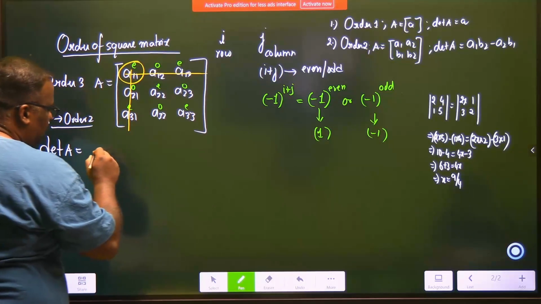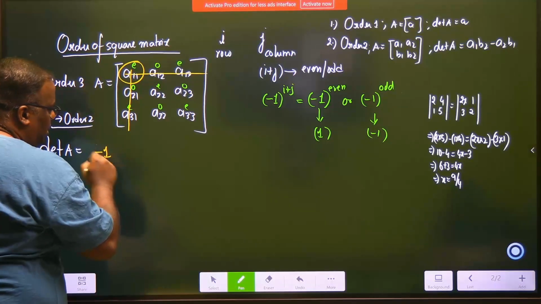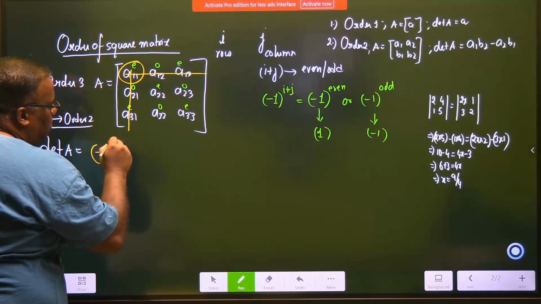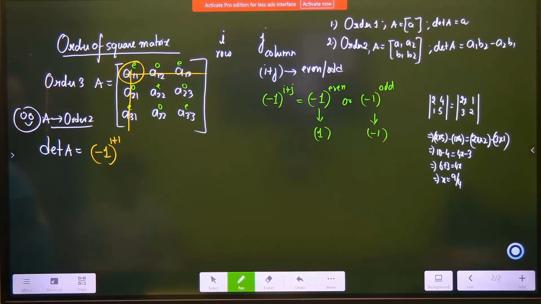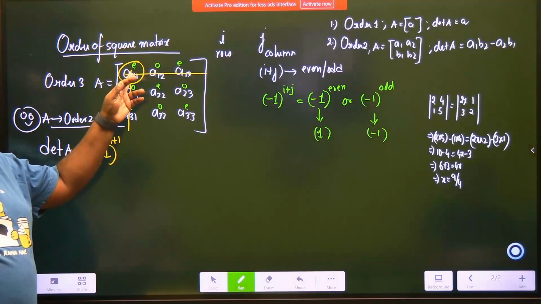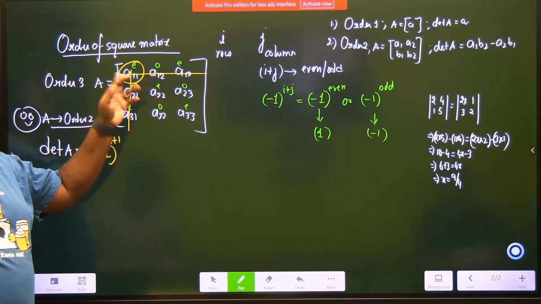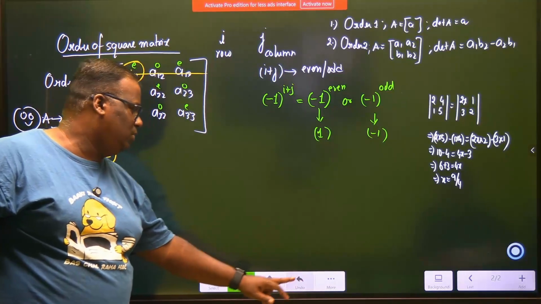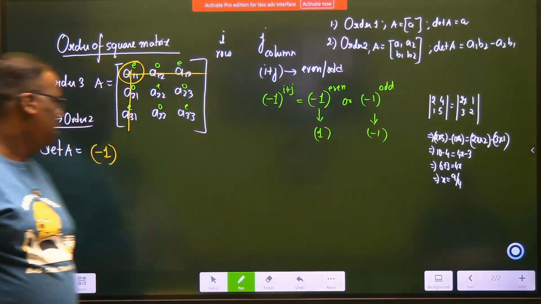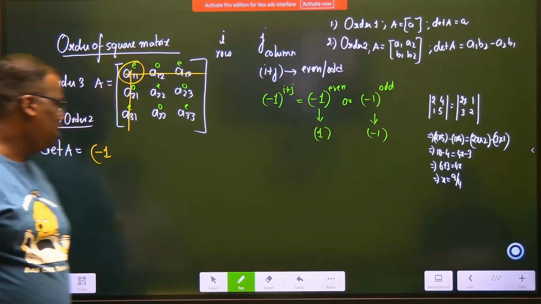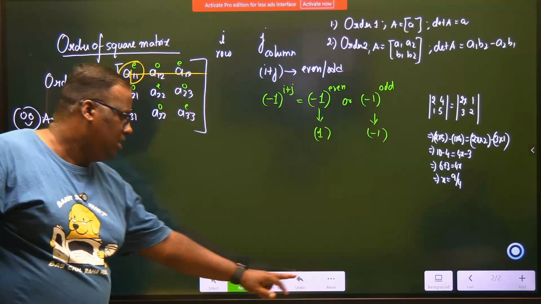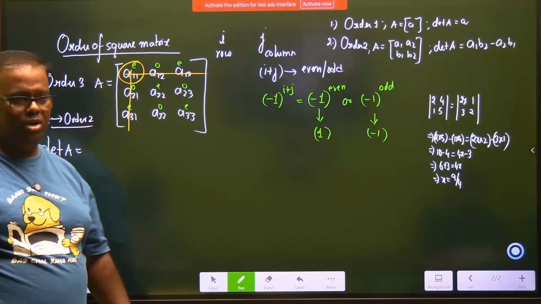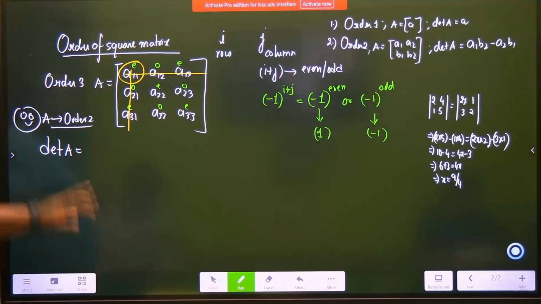So I write -1 to the power 1 plus 1. Why did you take 1 plus 1? Because the i value for this is 1, and the j value for this is also 1. I will not write it in so much detail. I think you understand that for the first element, the -1 will not hold, it will become +1, right?